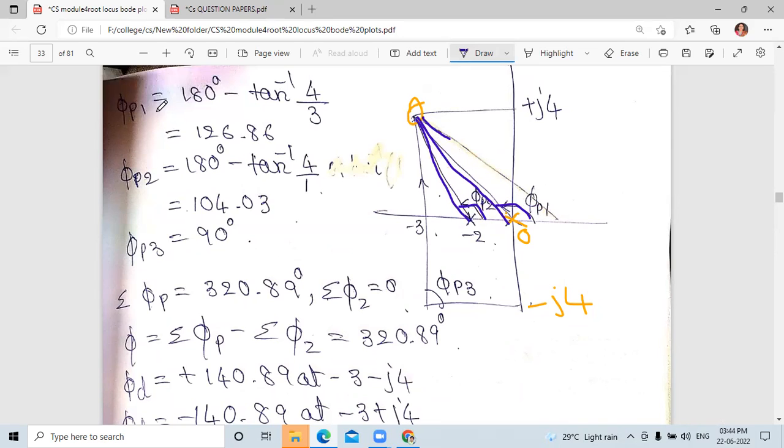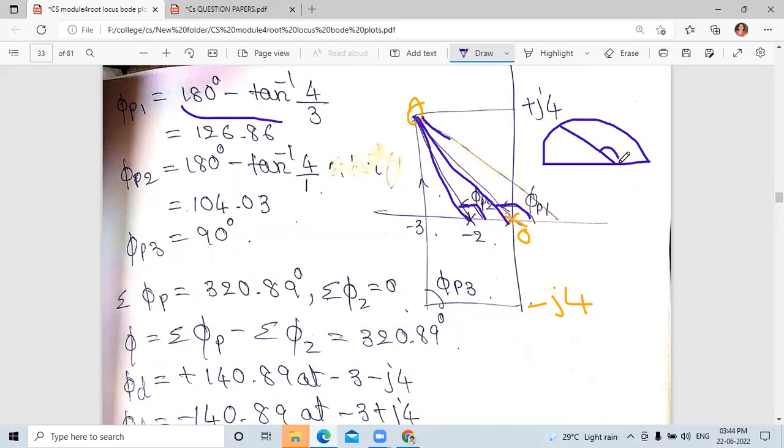So phi p1 equals 180 minus tan inverse of 4 divided by 3. For example, this is the protractor.